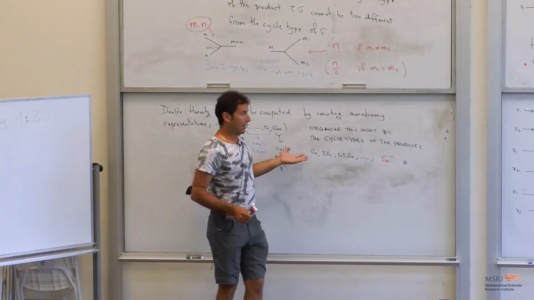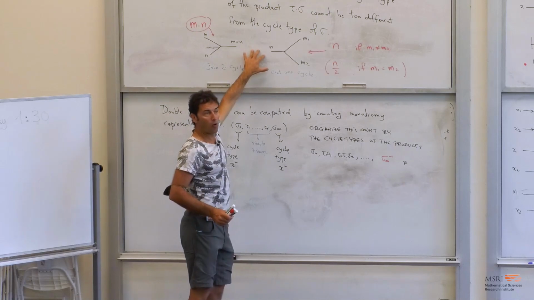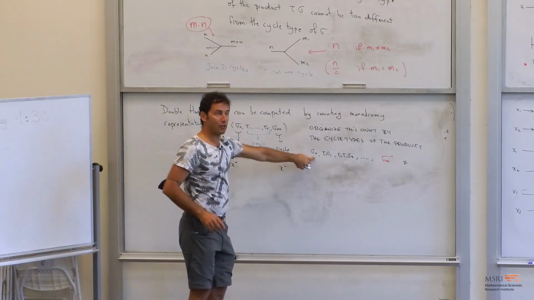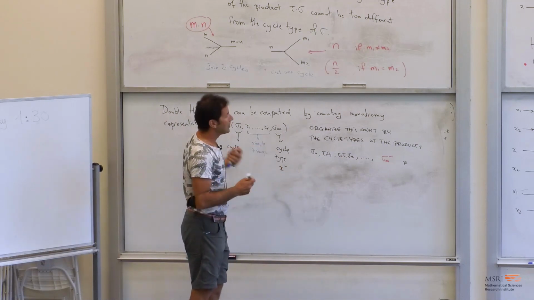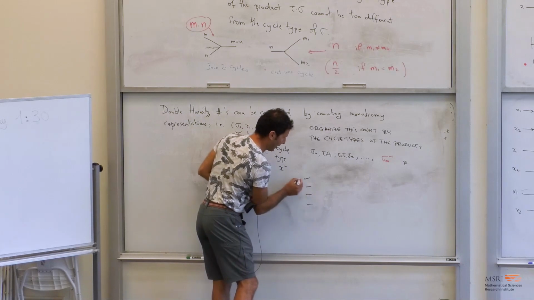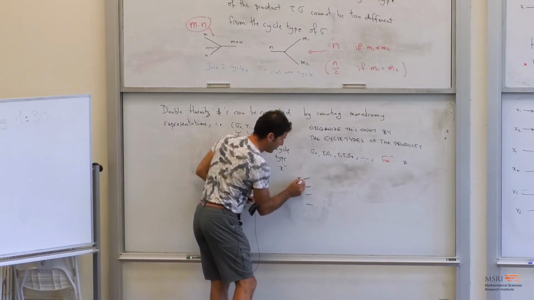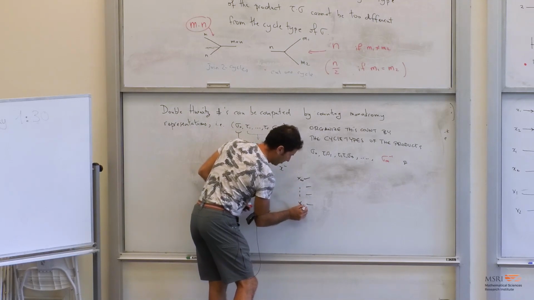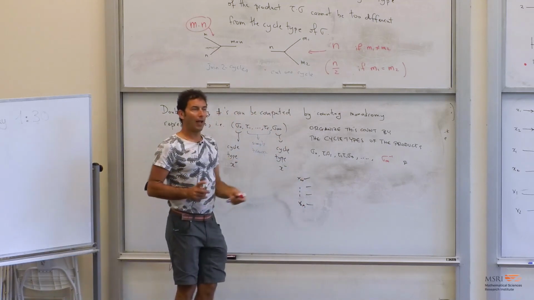So one way that I can graphically organize this is by doing the cut and join analysis. I always have to start with the cycle type of sigma 0, so I can start by drawing n strings.